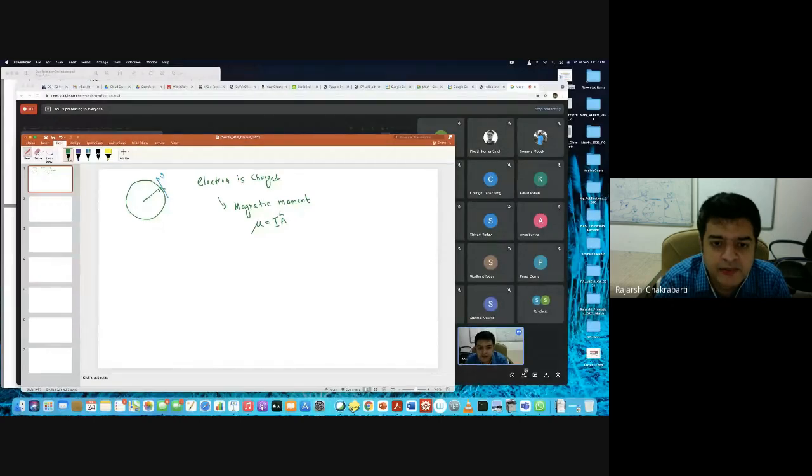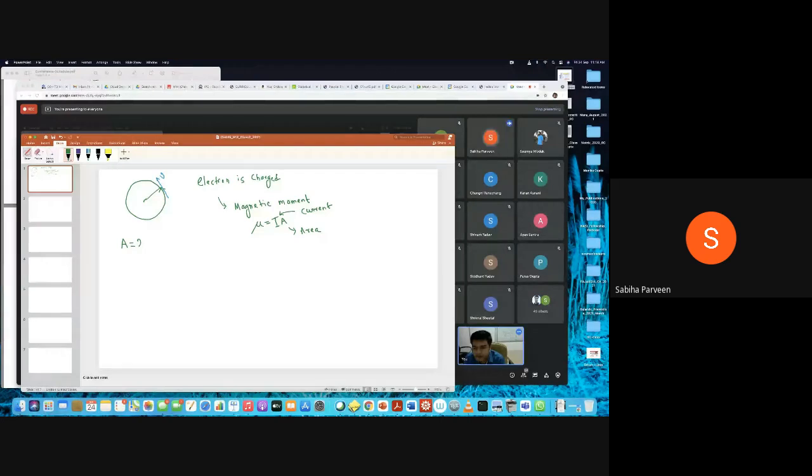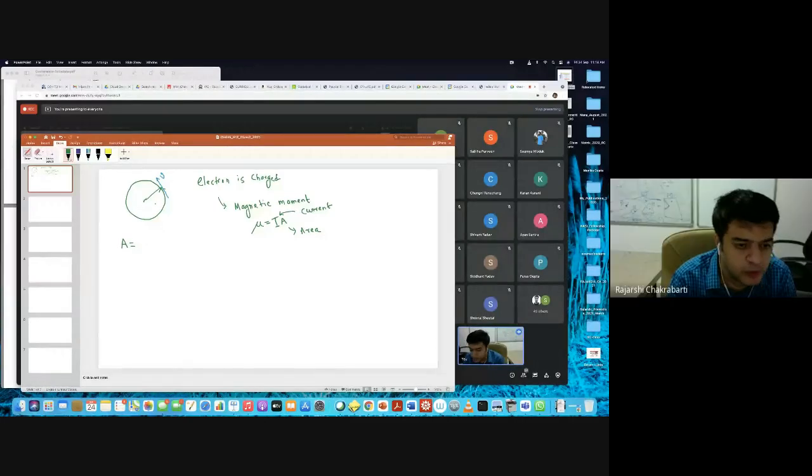There's a current, the current amplitude, and there's the area. What is the area for a circle? Pi r square. Okay. It will be very useful later.